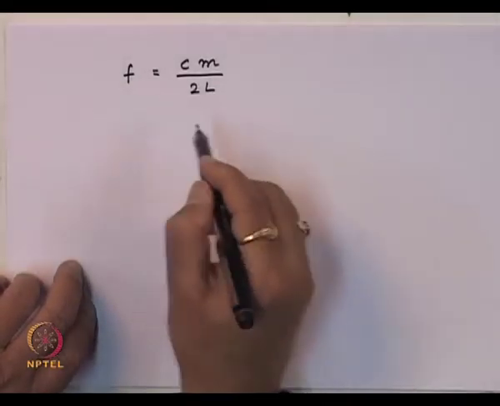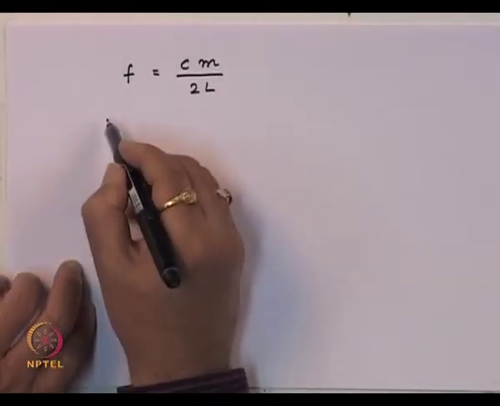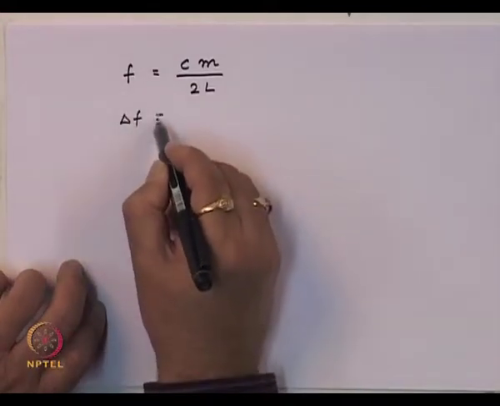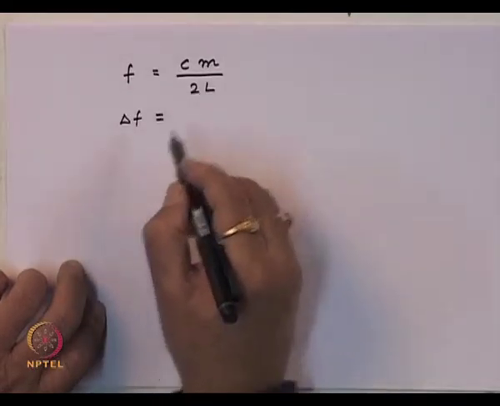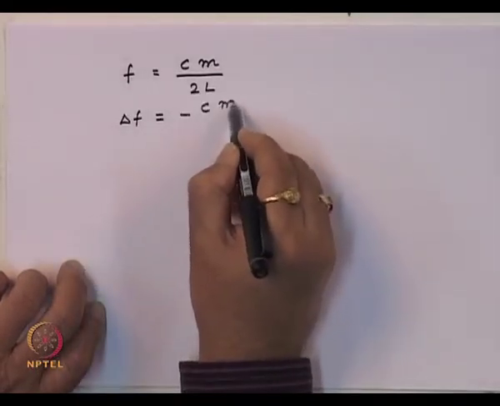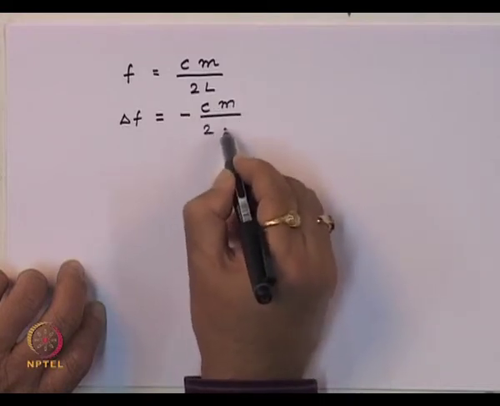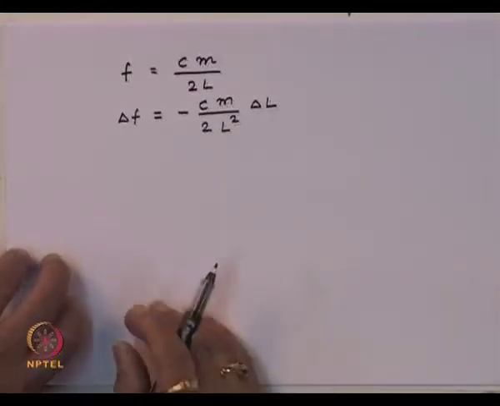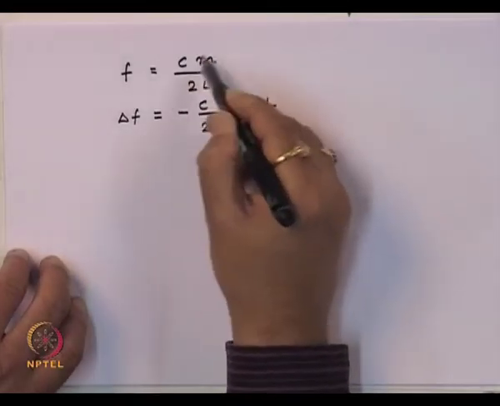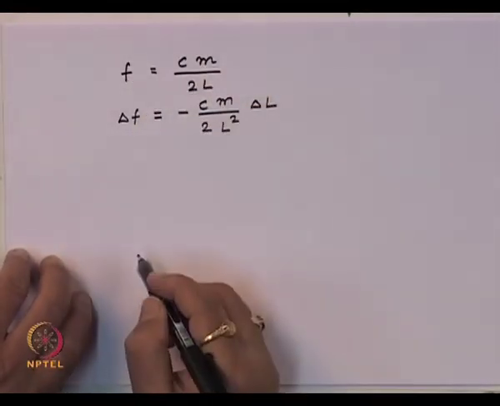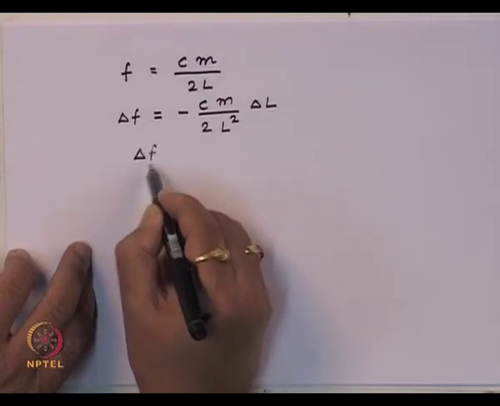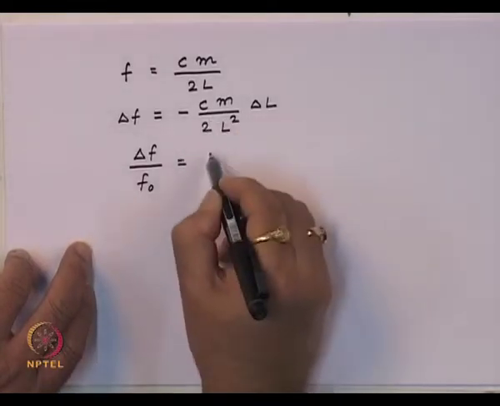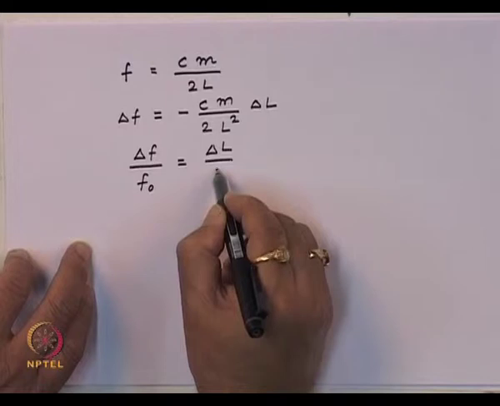So, we can ask the deviation in frequency now as a function of L. So, if I ask delta f, how much is going to be because of change in the length, this will be minus Cm divided by 2L square multiplied by delta L. But this quantity again can be substituted for the center frequency of the laser. So, this gives delta f divided by the center frequency of the laser f naught, which is equal to delta L divided by L.